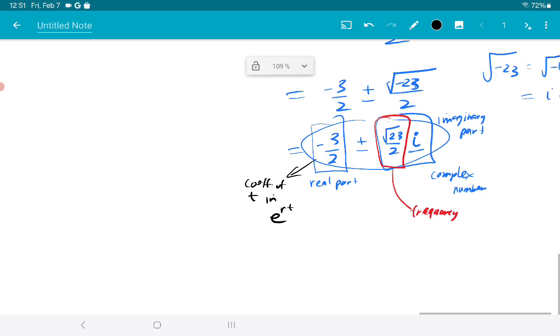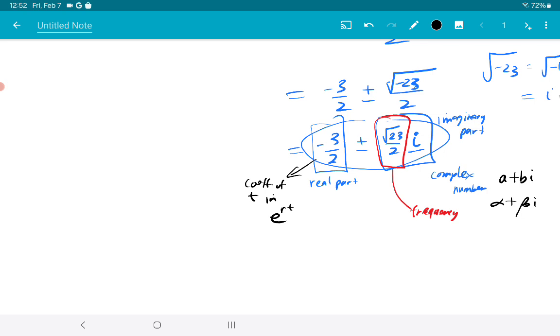Nevertheless, another way to think about it is every complex number, and you may have seen this in high school, you could write as a plus b times i, where a is the real part and bi is the imaginary part. For some reason, our book likes to be a little fancy, and instead of using English letters a and b, it uses Greek letters alpha plus beta i, but it's the same thing.